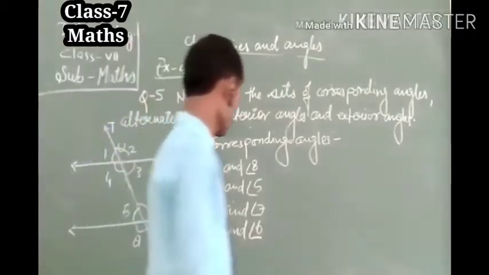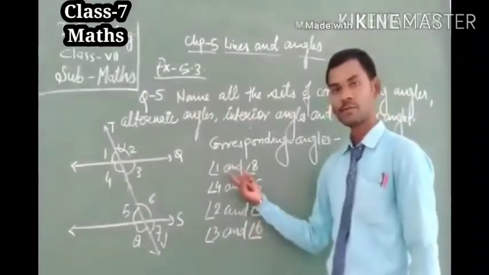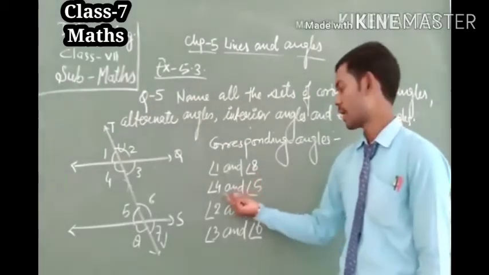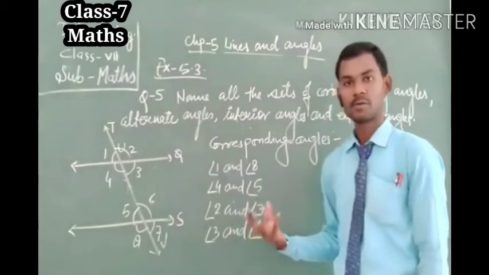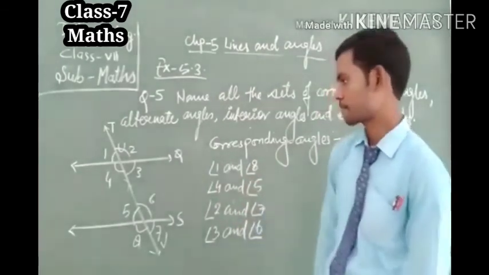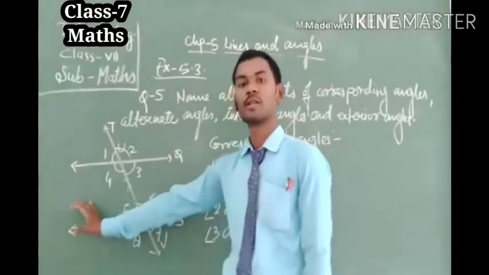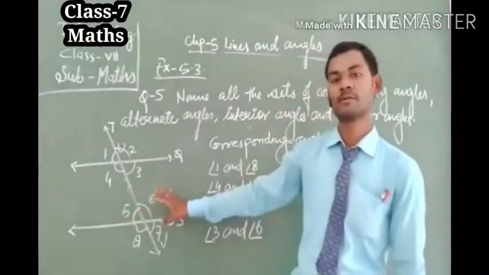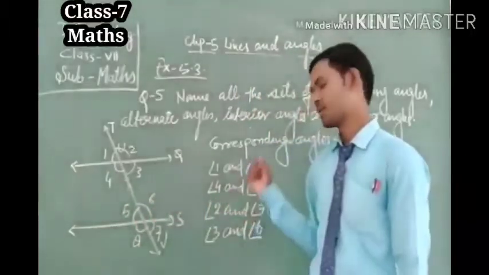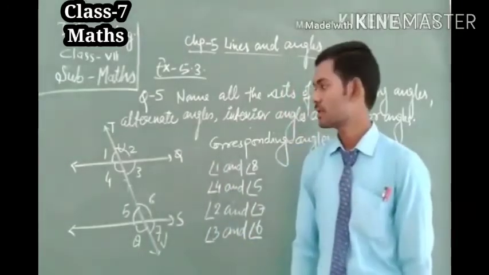So here we have found four pairs of corresponding angles in the figure, and they are listed here. Angle 1 and angle 8 are corresponding angles by the definition. Angle 4 and angle 5 are also corresponding angles, because for angle 4 and angle 5, one arm of each angle is on the same side of the transversal and the other arm is formed by the transversal.